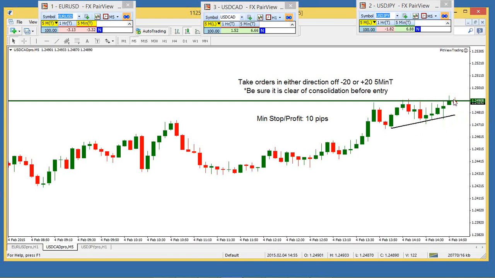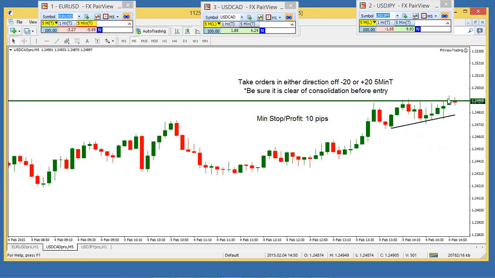Now, your other option is to use swing highs and lows, okay? Let's say if it breaks through this high, we probably want to put our stop right below this little swing low right through here. If it breaks into a new high, that would be risking about 20 pips to make 20 pips. So keep that in mind.